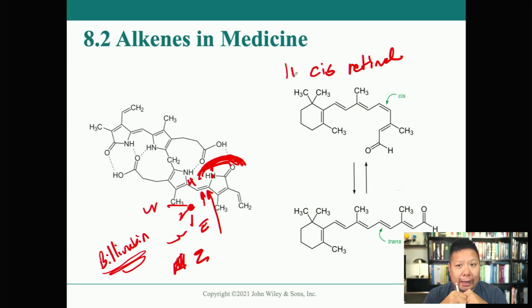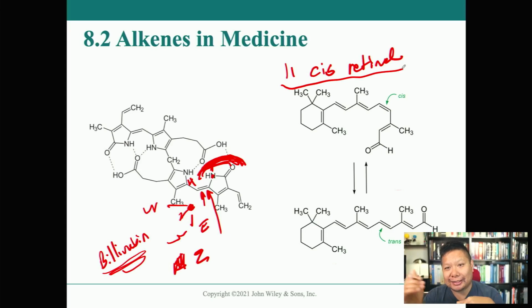Okay, and the rhodopsin functions in your rod cells along with the cofactor cis-retinal, and then when you have light, and this is a huge simplification because you can go way deeper into the signal transduction and the biochemistry and the anatomy and physiology of it, but I don't want to spend my entire lecture talking about that, because it can be a whole lecture.